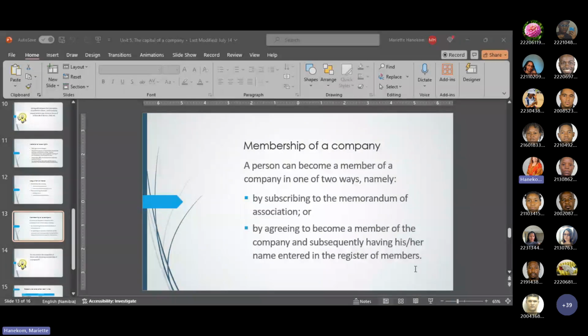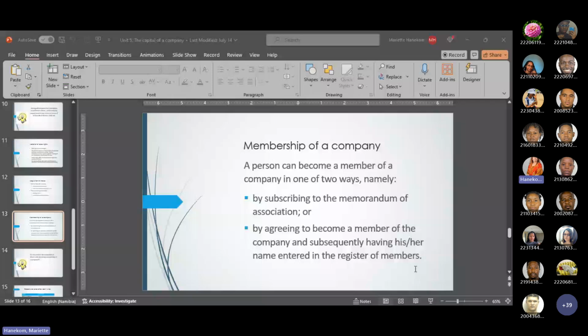Maybe you didn't quite understand me. I didn't say that in order to be a shareholder, you must be a member first and then become a shareholder. When you become a shareholder, you also become a member.